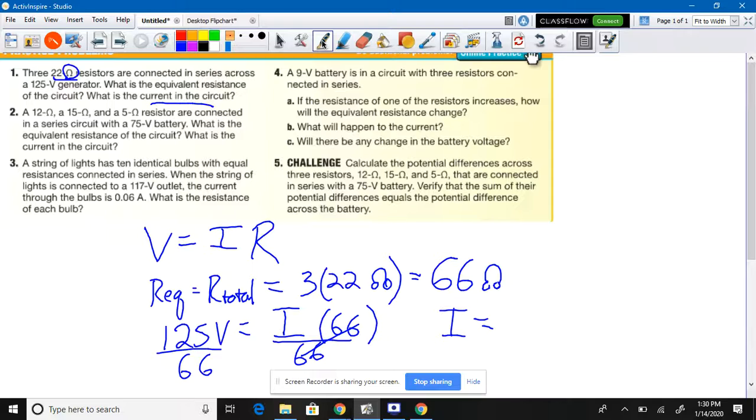Mr. Ampere. So 125 divided by 66 is 1.89. 1.89 amps. That is the current in the entire circuit.